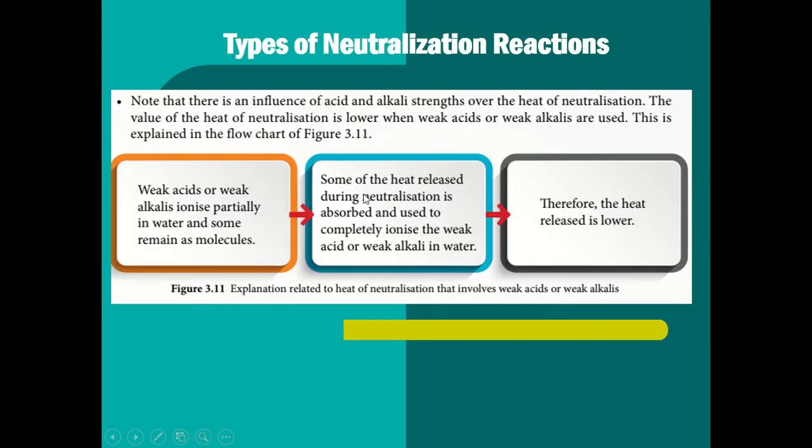Sebab some of the heat release semasa proses neutralization, bila kita campur asid dengan alkali tadi, sedikit daripada tenaga haba yang dibebaskan tadi digunakan untuk completely ionize the weak acid tadi yang belum ionize completely ataupun weak alkali. That's why lah dia punya heat release tadi dah jadi rendah.